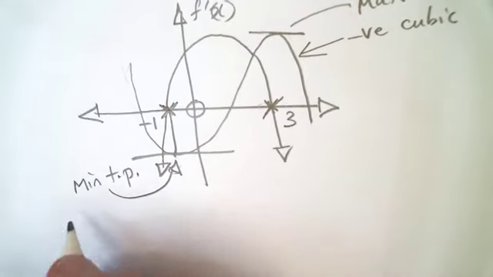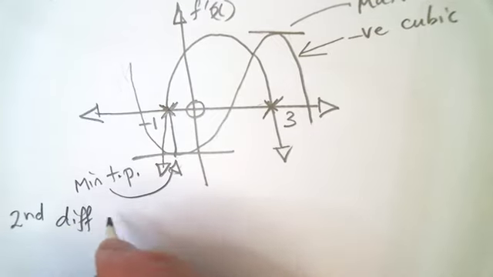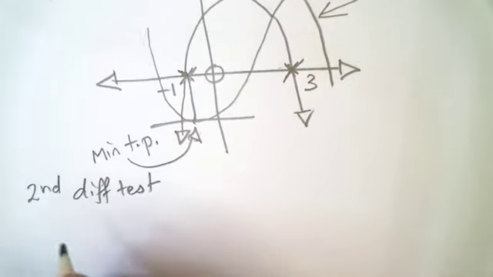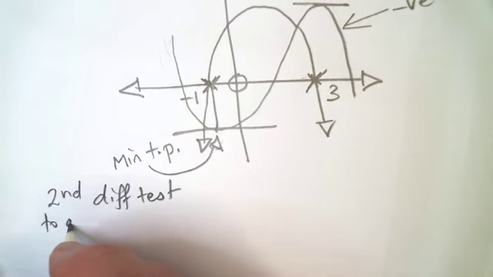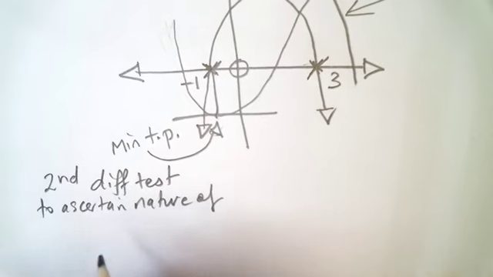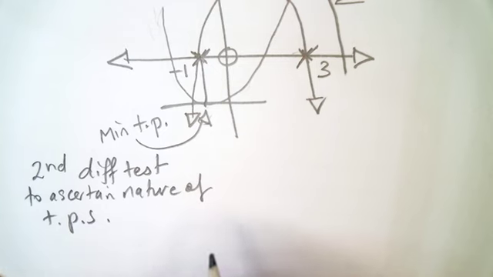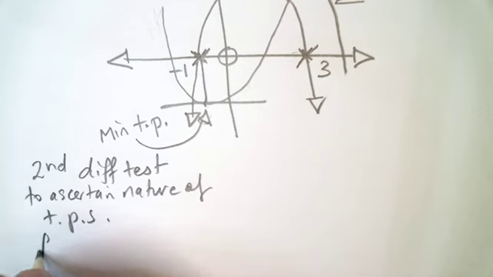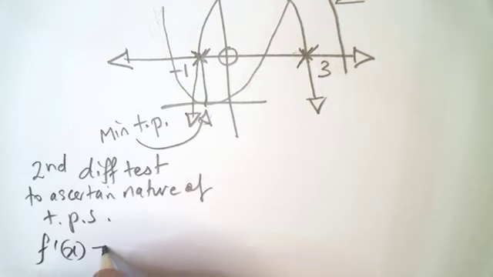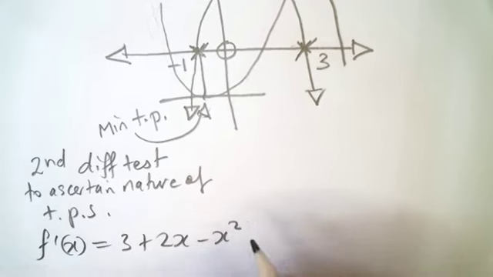So I'm going to say second differential test to ascertain nature of turning points. So here we go. F prime x is equal to 3 plus 2x minus x squared.